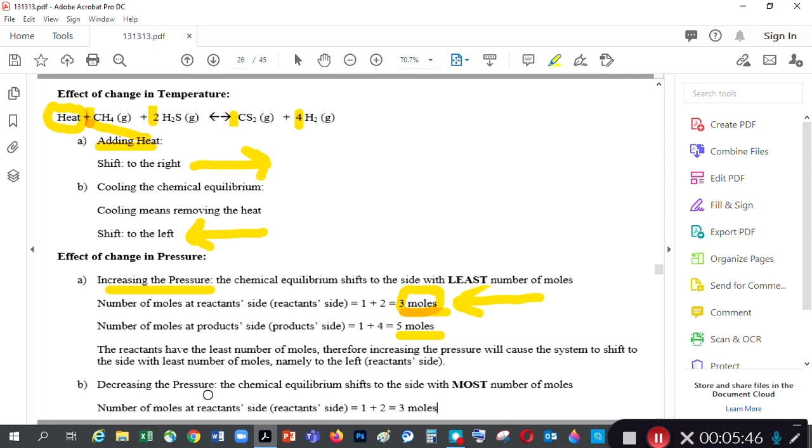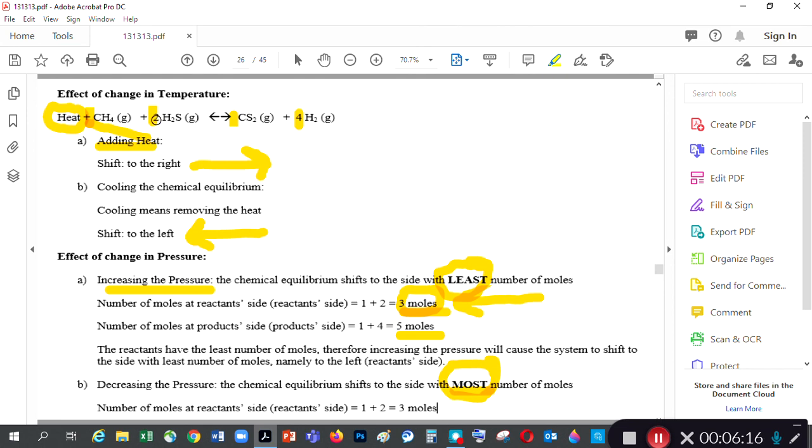Now, if you decrease the pressure, it will shift to the most. We said if you increase the pressure, it goes to the least number of moles, and here it goes to the most number of moles. So decreasing the pressure, it will go to the most moles.